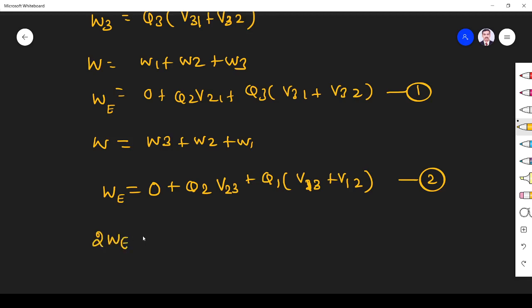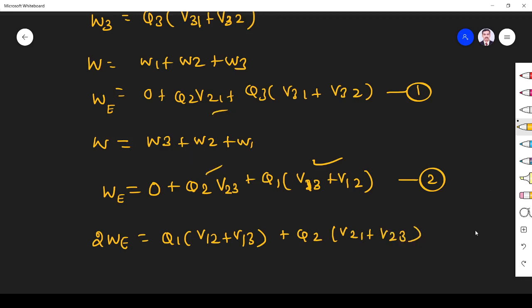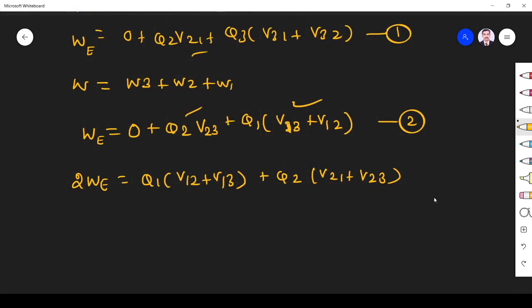If you add 1 and 2, 2WE becomes Q1 into V12 plus V13, plus Q2 into V21 plus V23, plus Q3 into V31 plus V32.